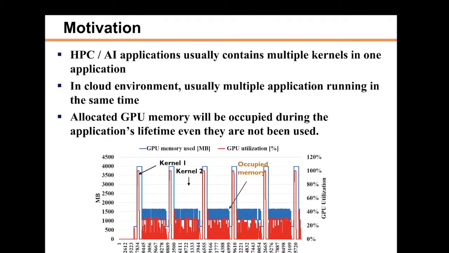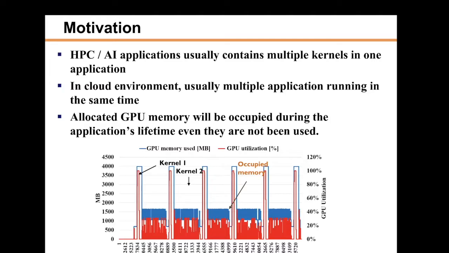Since we know that applications in HPC, AI, and the cloud always need multiple kernels to be executed, we observed some interesting facts in the multitasking environment. To avoid the overhead of data movement from host to device, applications usually prefetch all the data to the GPU memory at first and do not release it until the end of the program.